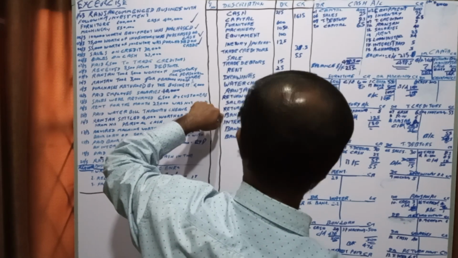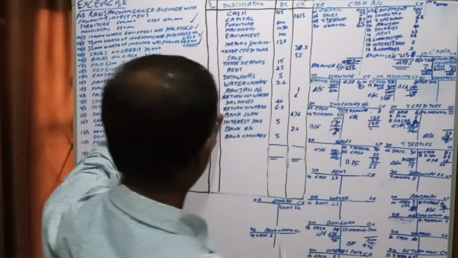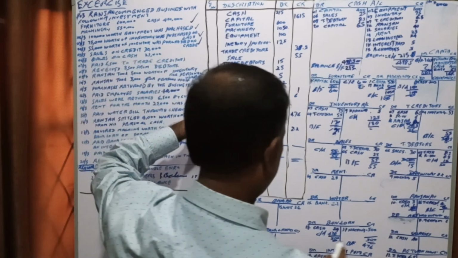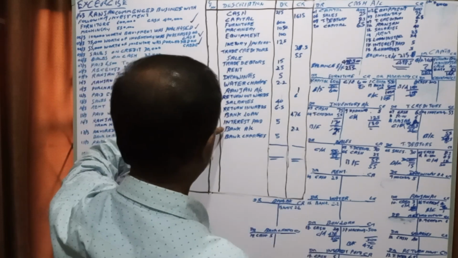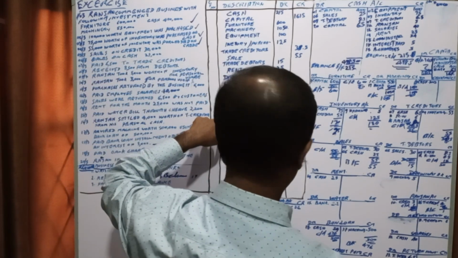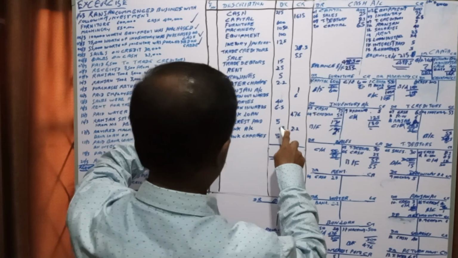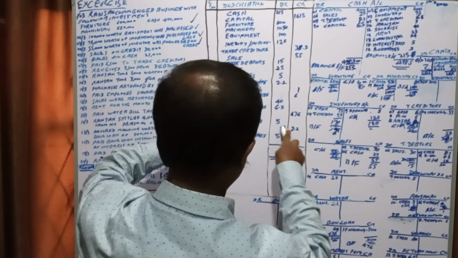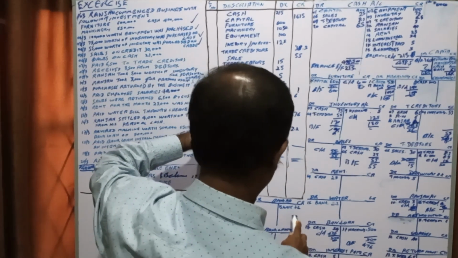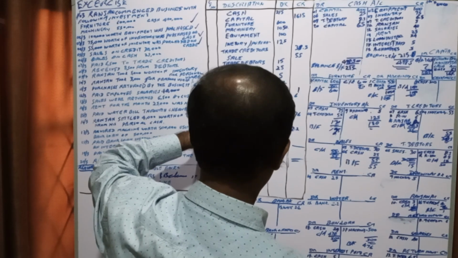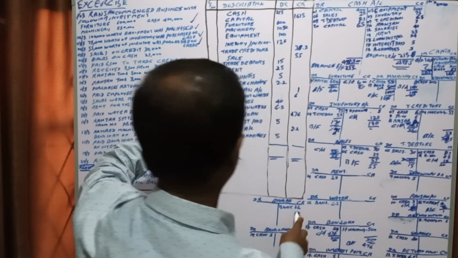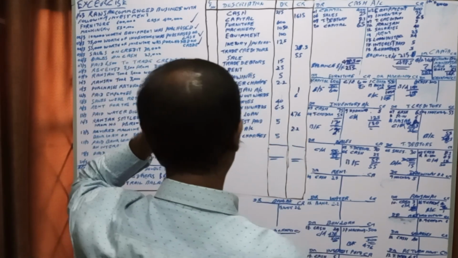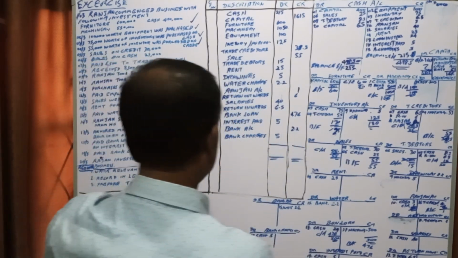Return inwards 6.5, bank loan 476 credit balance, interest paid debit balance 5,000, bank account 2.2 credit balance, bank charges 5,000 debit balance.